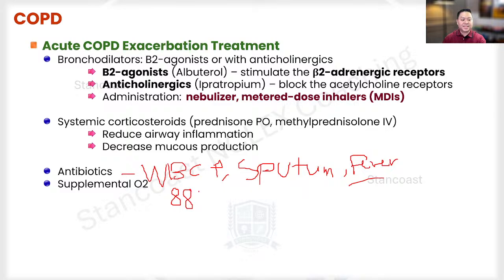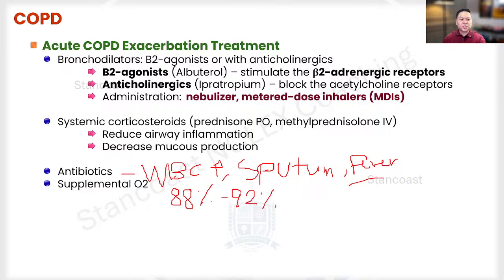Okay, this is our goal. We don't want our patient to have 98% if they have COPD. That is unrealistic. Don't be happy when you administer a high flow, because it's just not going to last long. Your patient will have oxygen toxicity. They will stop breathing. So make sure that you're delivering low flow oxygen.